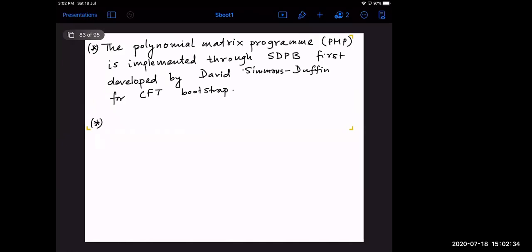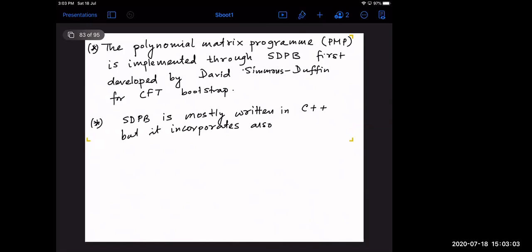Just to point out some technicalities, SDPB is mostly C++, just to point out, but it also incorporates mathematical codes.